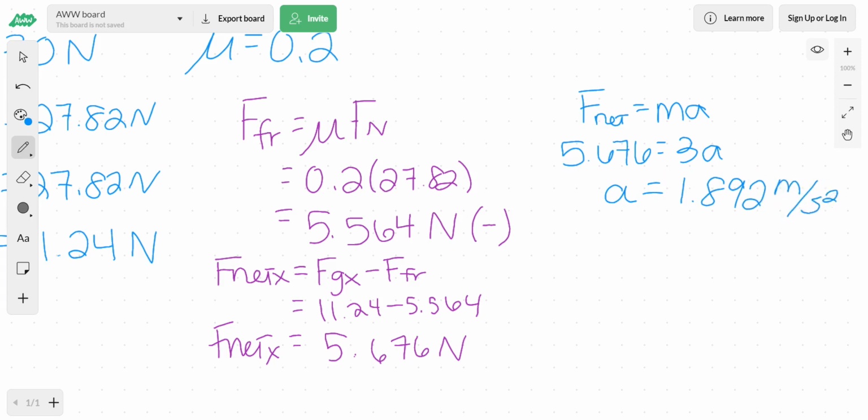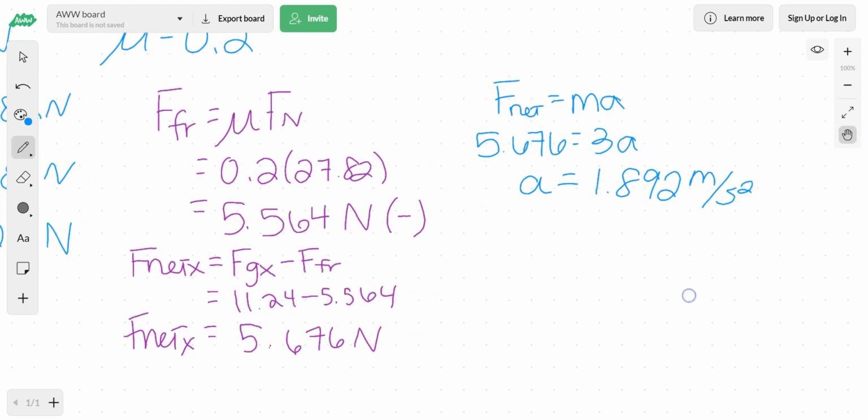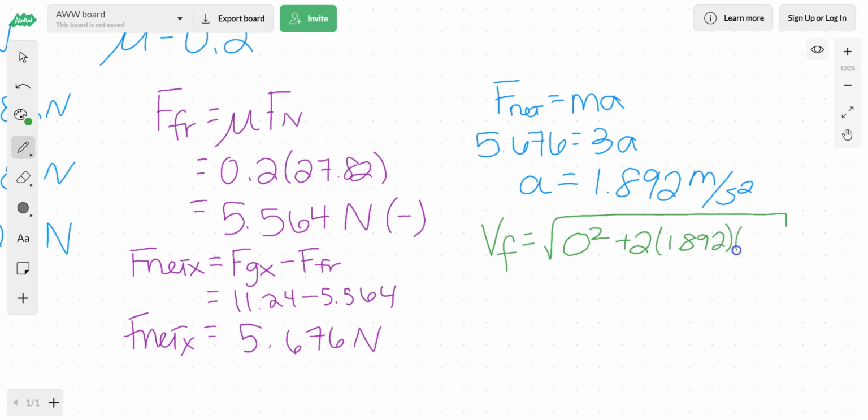We use the same kinematic equation to get our V final. So V final is going to equal the square root of V initial squared plus 2 times our acceleration times delta x, which is still the same.